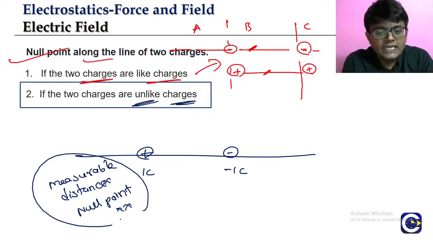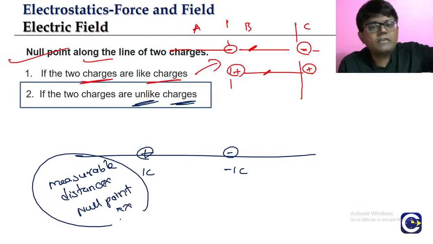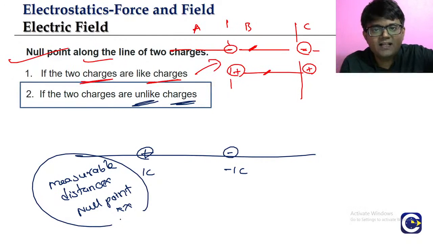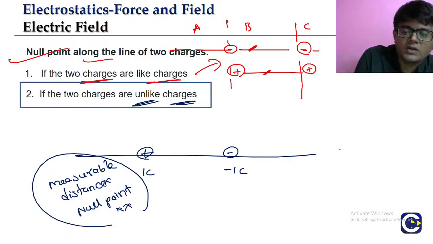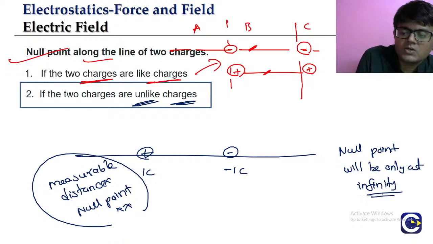Remember, for any charge arrangement, if you go to infinite distance, the electric field value will always be 0. So the null point will be only at infinity. Okay? So only at infinity we will have the null point.